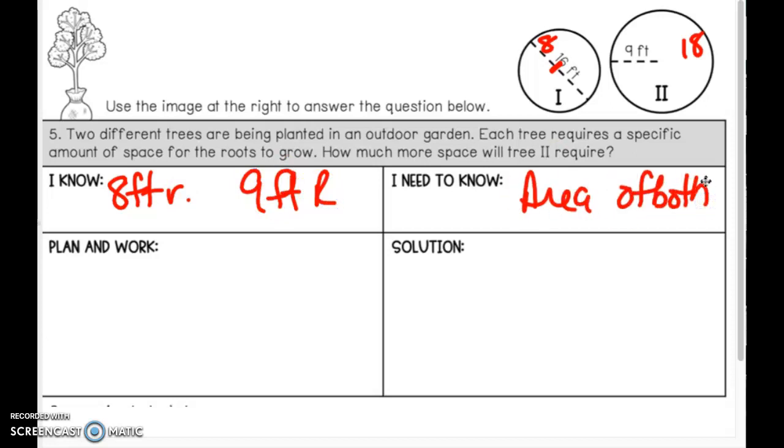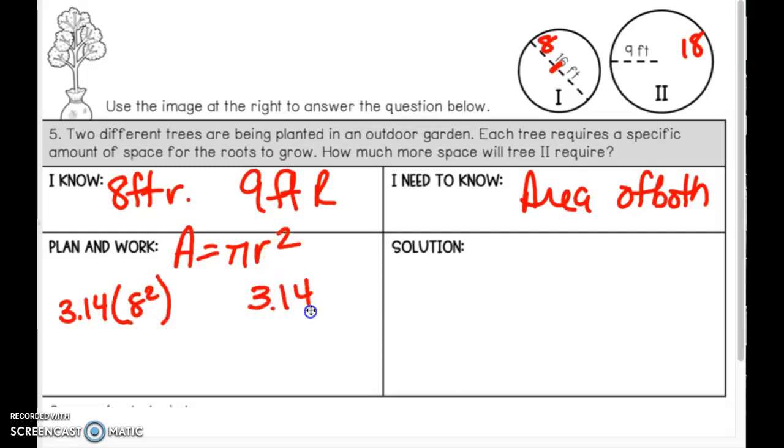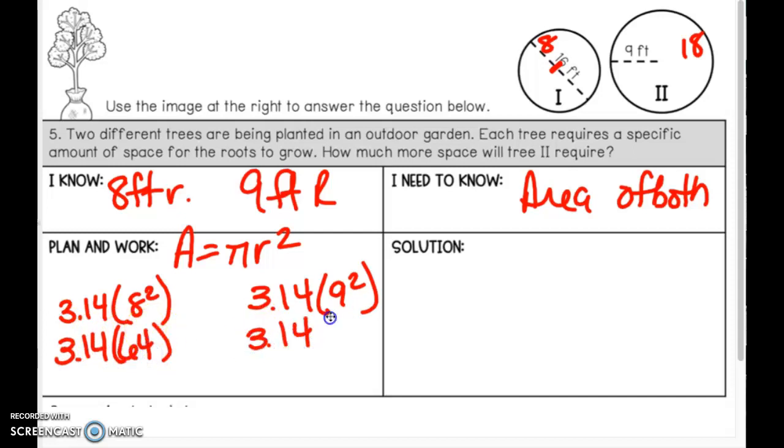Okay, so let's plan our work. We need area equals pi r squared. So that's what we're going to use for both of them. So 3.14 times 8 squared, and 3.14 times 9 squared. 3.14 times 64, and 3.14 times 81.